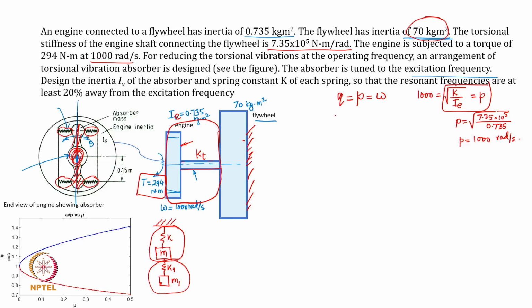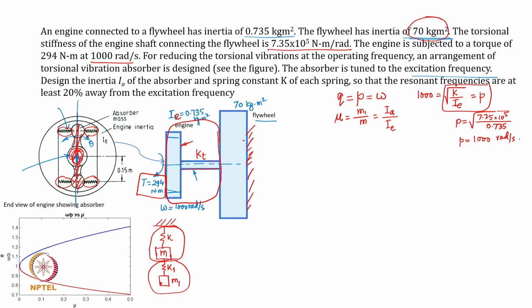All right, we would be interested in knowing what value of mass ratio we should use. So M1 over M, which in this case of a torsional vibratory system, instead of mass we always talk of the inertia of the absorber and that of the engine.